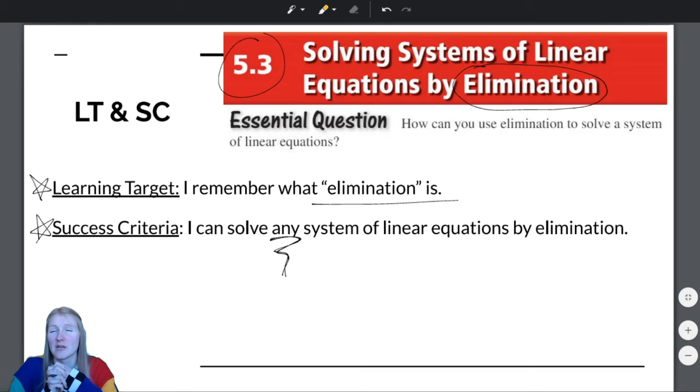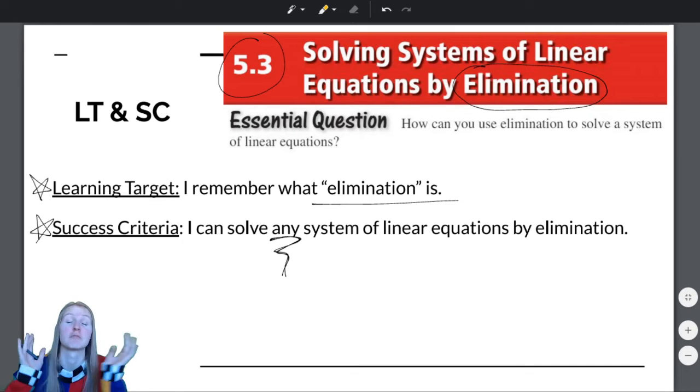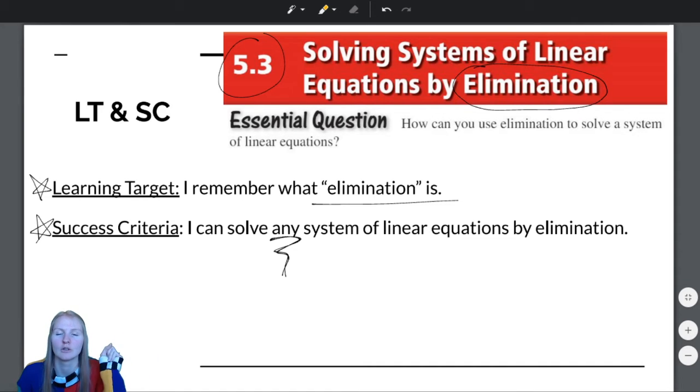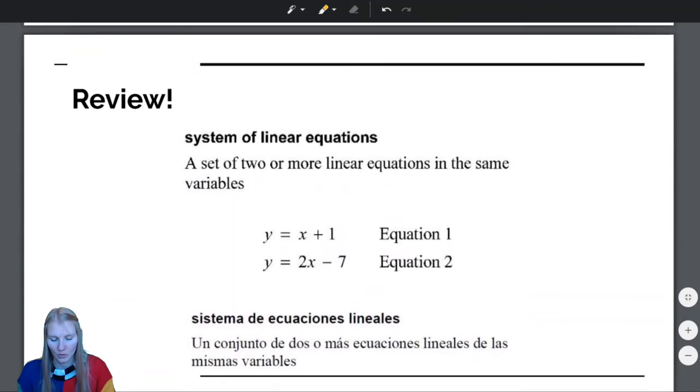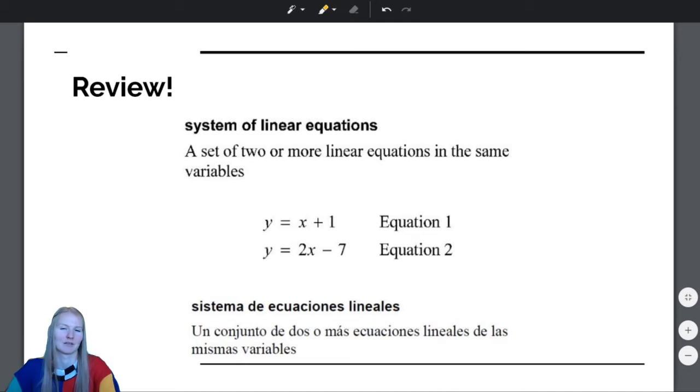We're doing a similar thing with elimination, where last time, like in the problem in our entry task, the x terms were already the same or already the opposites, so we could just add or subtract the equations immediately, and then we were on our way with step number 2. We didn't have to deal with step number 1. So today we're going to include step number 1 so that we can solve any system of linear equations by elimination. So let's jump right into it with a reminder of what is a system of linear equations.